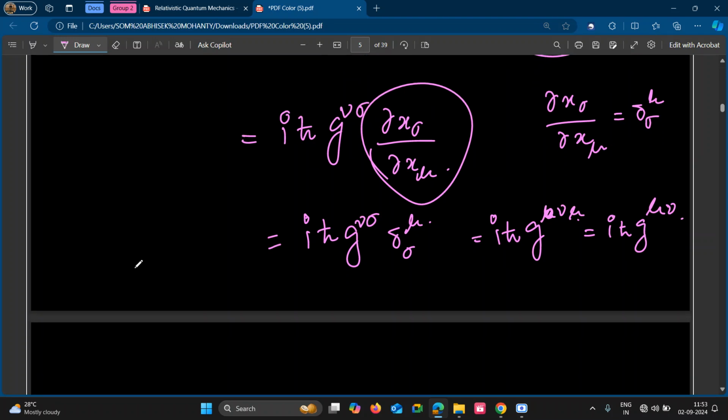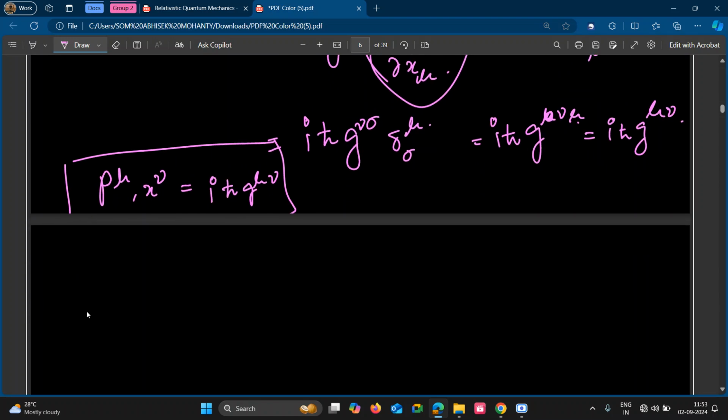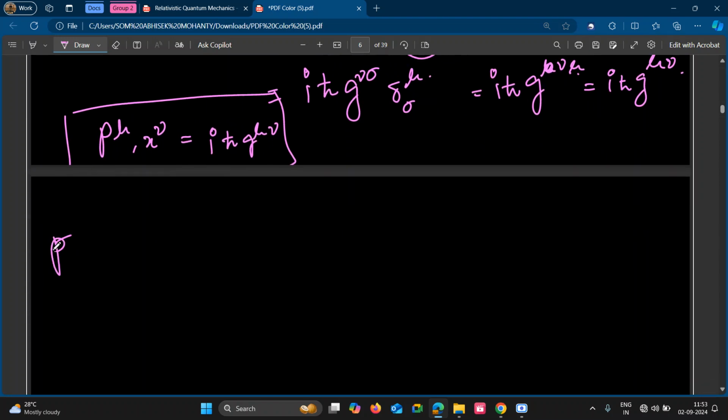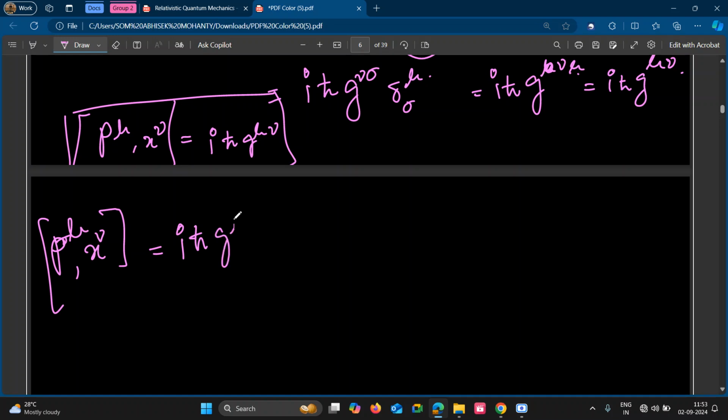If you see, p mu x nu commutation is equal to i h cut g mu nu, right? So let's check the things we have studied so far in quantum mechanics. Let me write again, p mu, x nu commutation relation is equal to i h cut g mu nu.